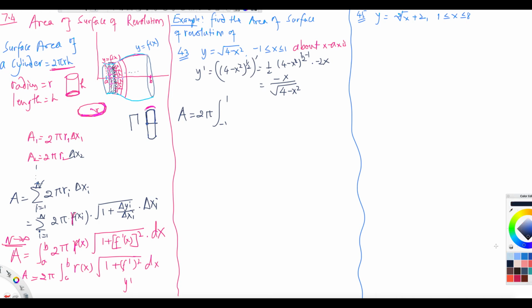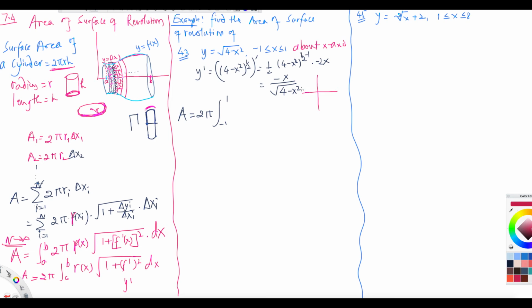Since you are rotating about x-axis, if you draw the graph it will look like this. If you square this, the equation will be x square plus y square equals to 4. That will be radius 2 circle, right?